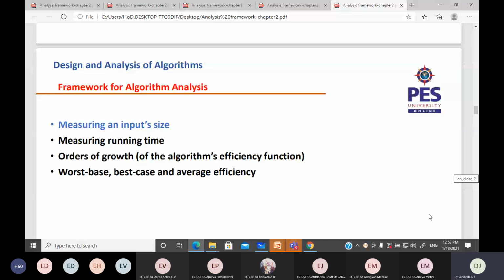This may not be true for every set of problems. If you consider matrix addition, it depends upon the order of the matrix n cross n. So the number of additions will depend upon only the size n, not the specific values which are there in the matrices, right? It could be 10, 20. So sometimes when you are trying to see the magnitude for some problems, when you are measuring the time efficiency, the magnitude also becomes important.